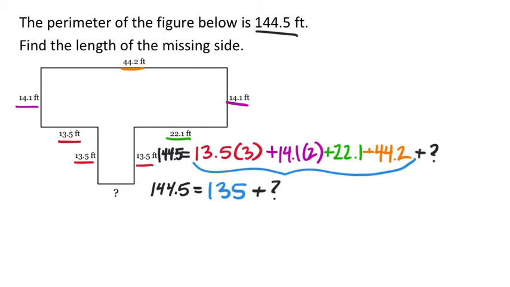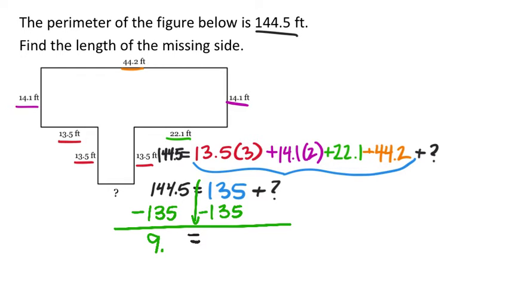And it's not too bad, because we can just take this and zero out the 135. Now you notice that I'm using the question mark as the variable here. That's okay. But if I subtract 135 from one side, I gotta do the other side. So 144.5 minus 135, enter, and I get 9.5.